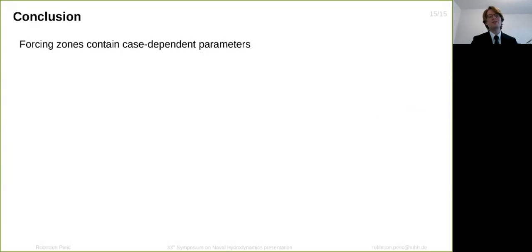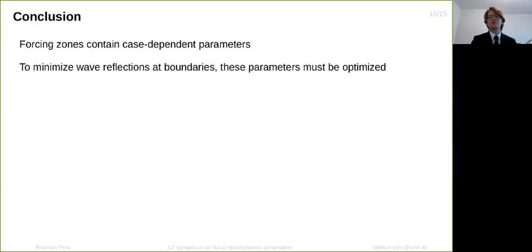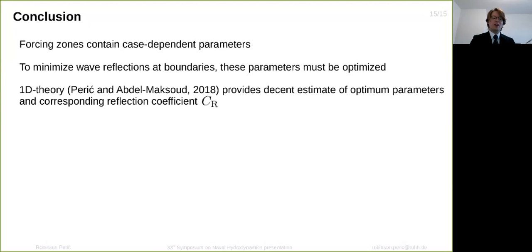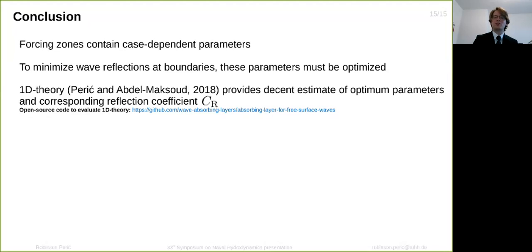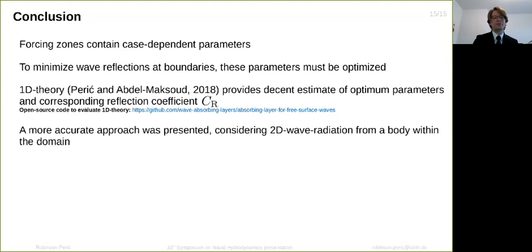So to come to an end, we've seen that forcing zones contain case-dependent parameters and that these have to be optimized to minimize wave reflections at the boundaries. We've reviewed the 1D theory, which provides a decent estimate of the optimum parameters and the corresponding reflection coefficients for the forcing zones. And computer code to evaluate this theory is published as open source, and you find the link in the paper.